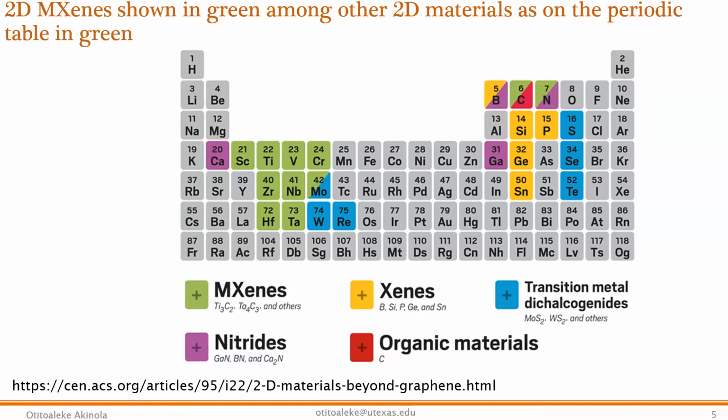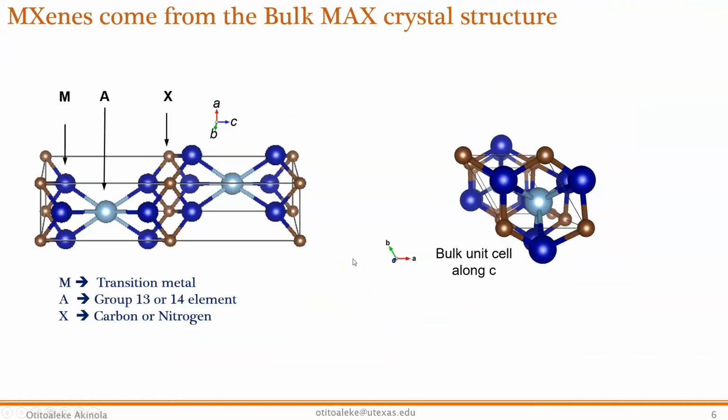And when transition metals bond to carbon or to nitrogen, we have MXenes. We can also use the same argument for nitrides like boron nitride or gallium nitride, and for germanium, organic materials and transition metal dichalcogenides as well, using this periodic table.